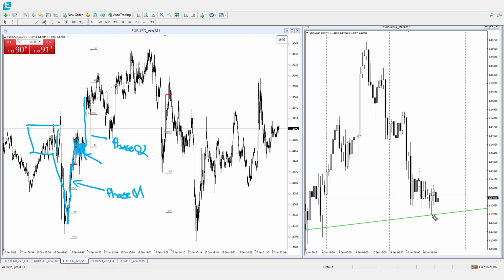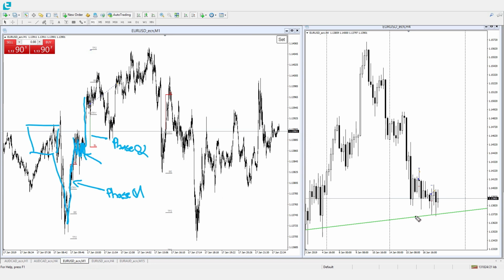Because also you can see by the time I got the signal right here, the candle looked almost exactly like this, got rejected from this trend line I drew earlier. It's a 1 minute chart, you have to be super fast.